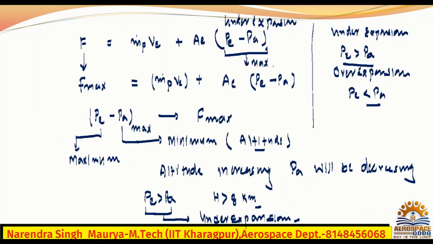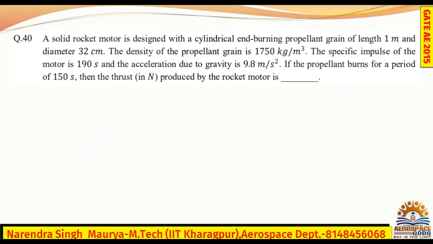All right. Now, this is the next problem, question number 40, GATE 2015. See, a solid rocket motor is designed with a cylindrical end burning propellant grain of length 1 meter and diameter 32 centimeter.